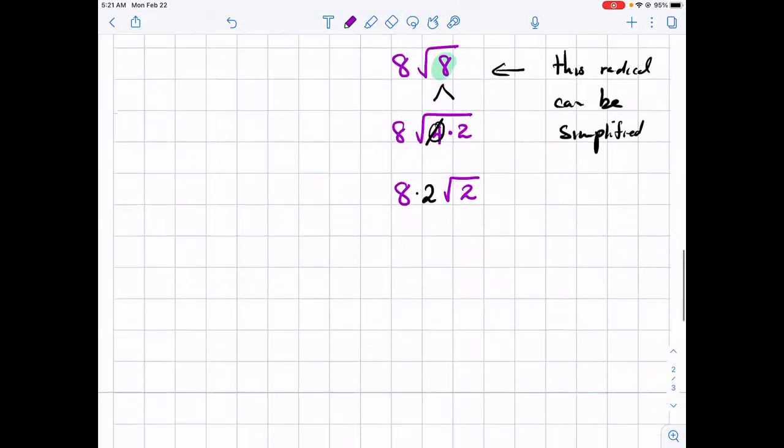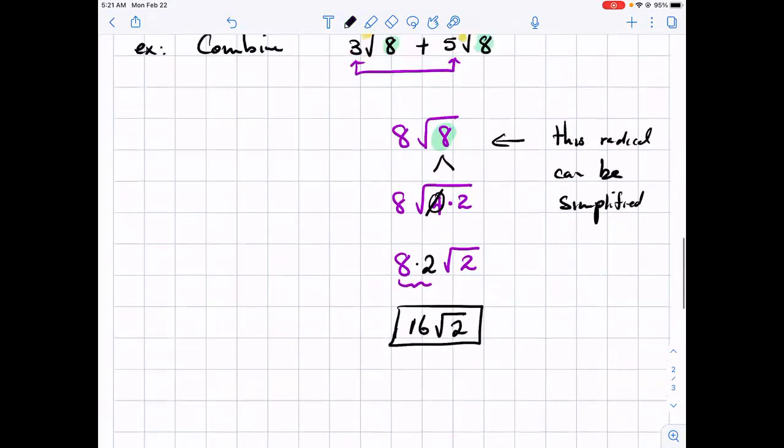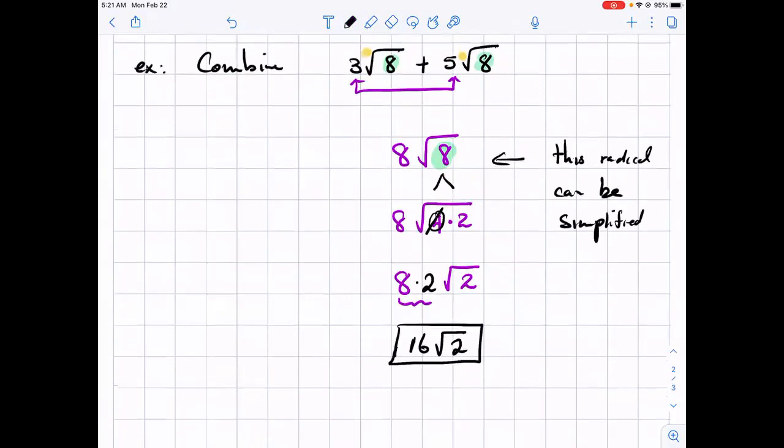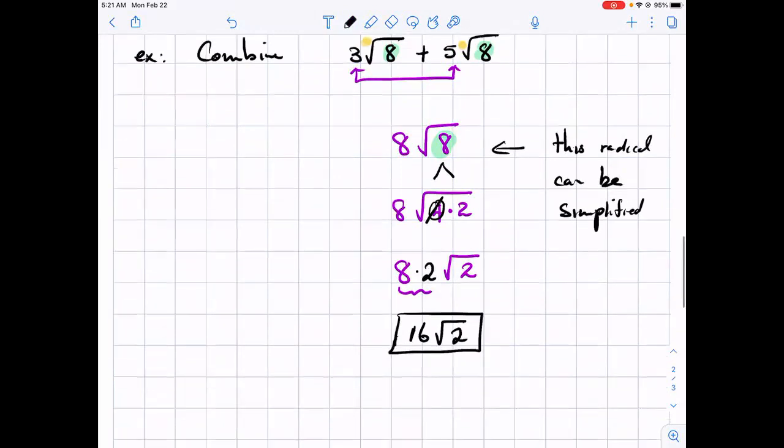Notice that when we take the square root of it, we pull it on the outside. And now you can multiply these two. So the final answer is 16 root 2. So be careful, sometimes you're going to have to simplify even before you add them. You always want to check your answer to see if there's any simplification to it.